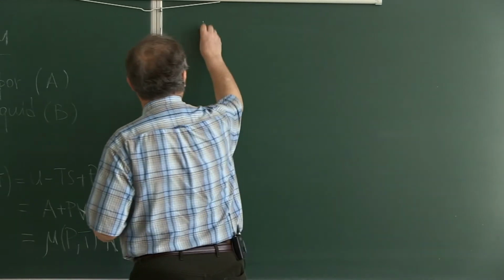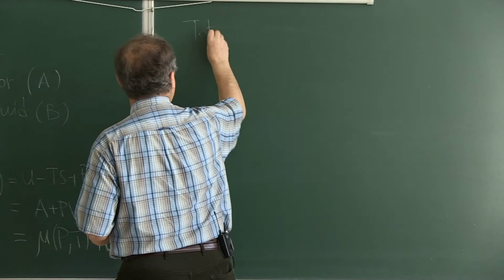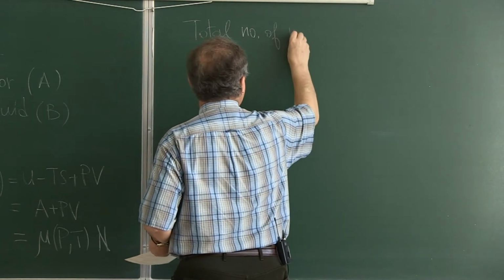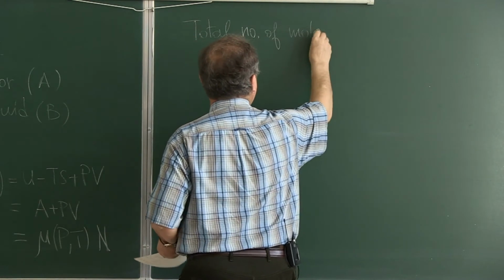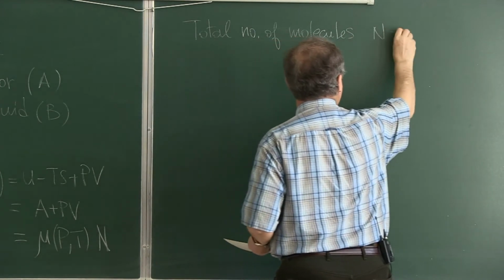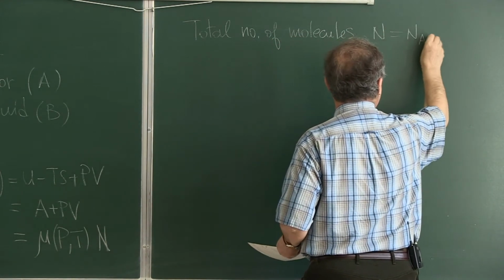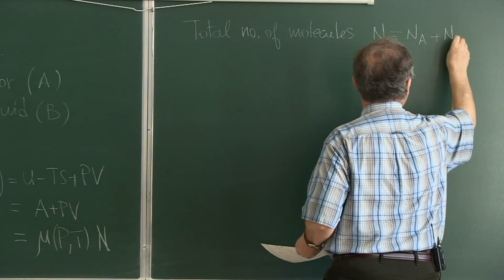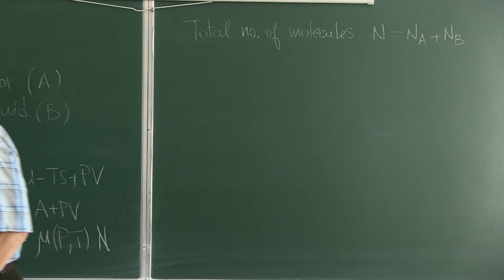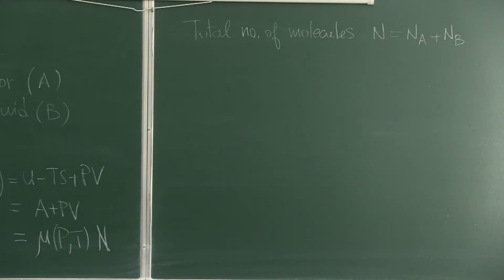So the total number of molecules in your system is nothing but the sum of those in one phase plus the number of particles in phase B.